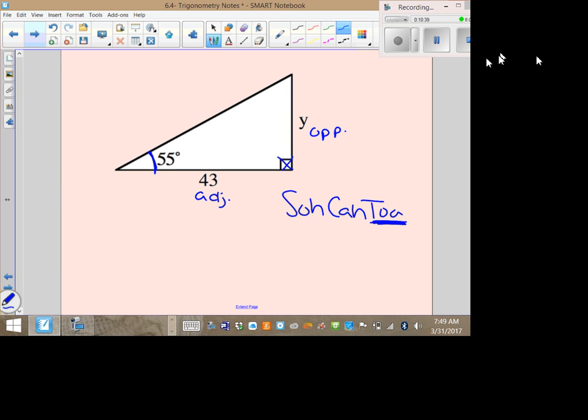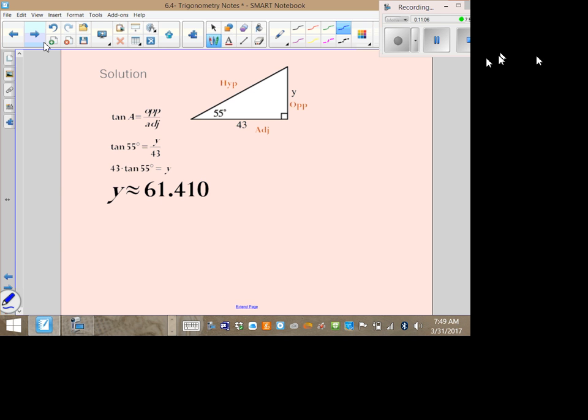And so I'm going to get the tangent of 55 equals my opposite over my adjacent, multiply by 43 on both sides to cancel that out, I get y equals 43 tangent of 55. So I'm going to get y to be 61.41.